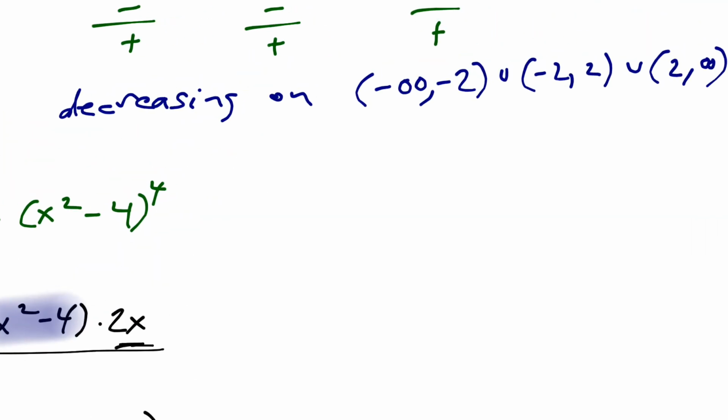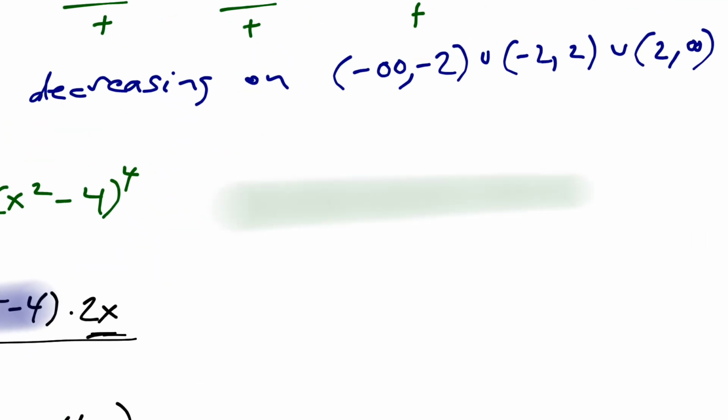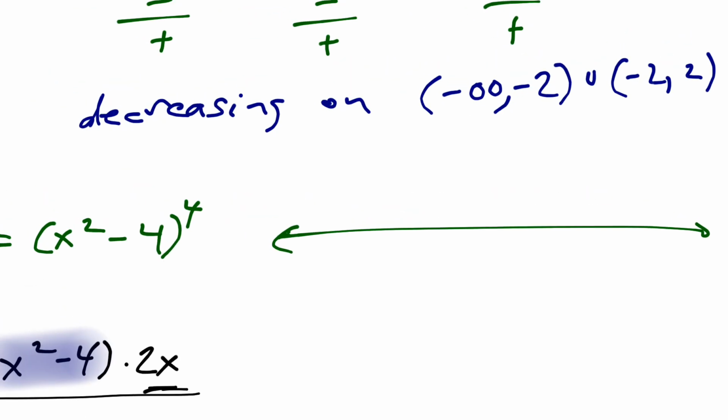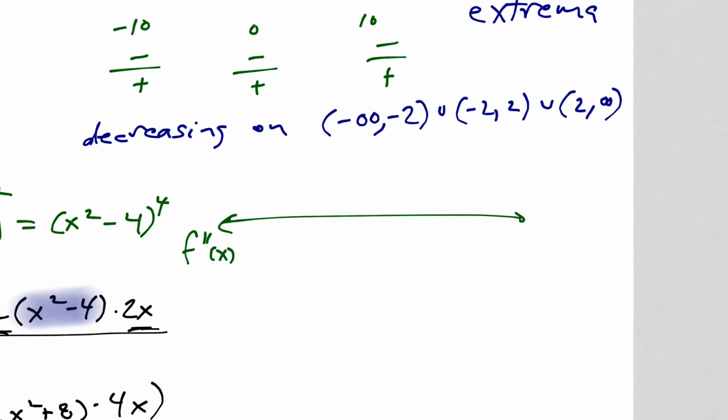So I'm going to organize my work up here for the second derivative. Let me make a sign chart, this time for the second derivative. And this time I need to mark negative 2, 0, and positive 2.